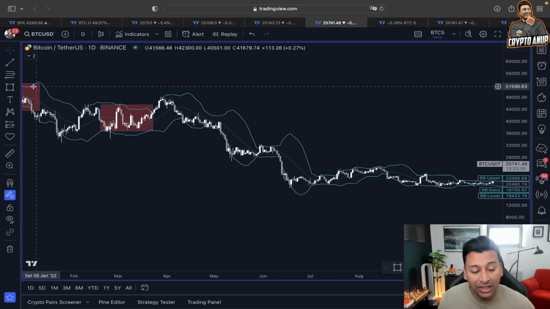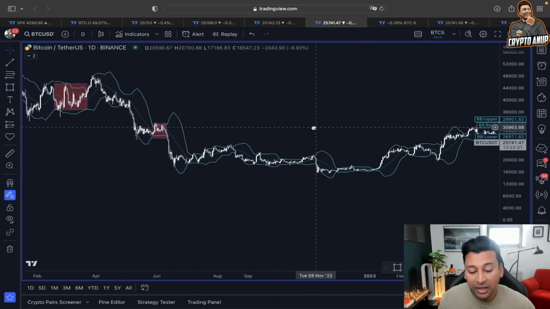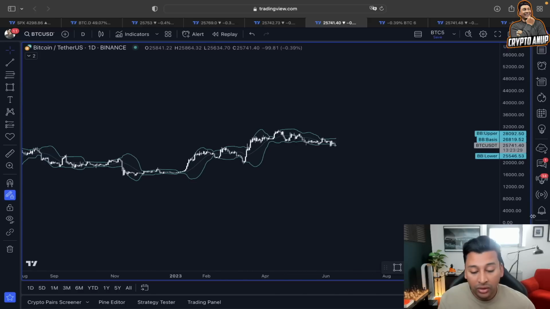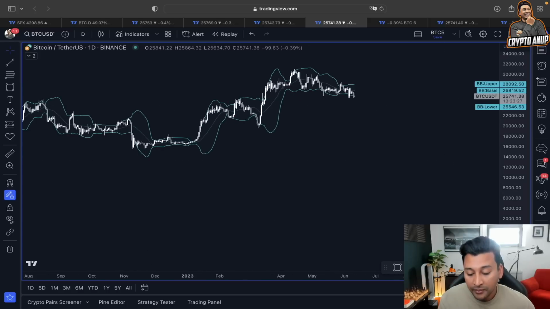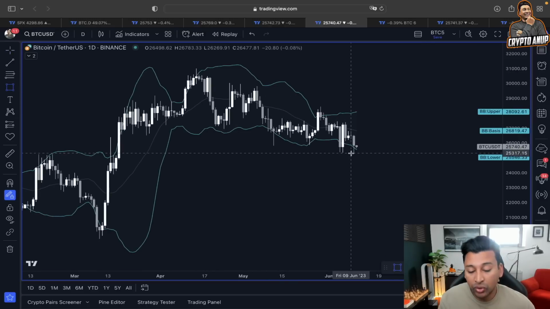So that is exactly what we are being flashed here as well. The price is also range bounding, but we want the lower support to remain.